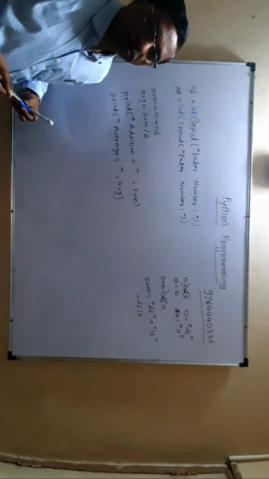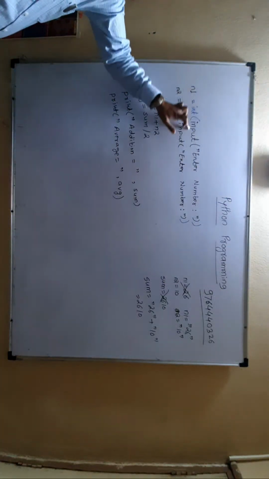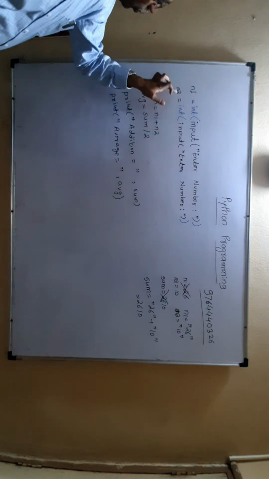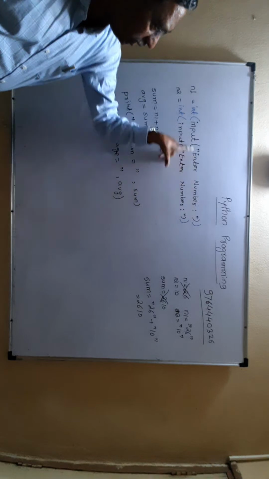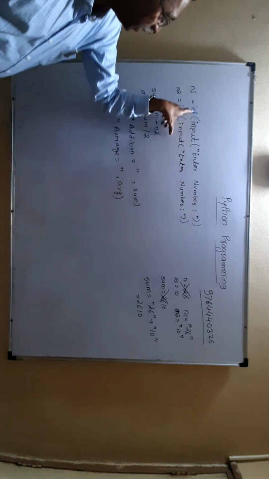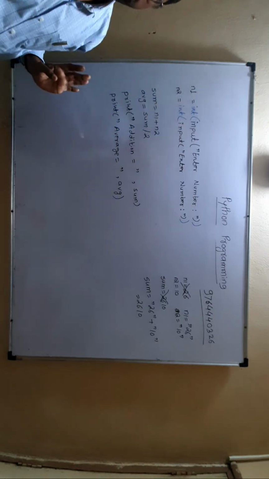Now this will work. n1 equal to int(input("enter number")), n2 equal to int(input(...)). Remember this closing bracket is of input and this closing bracket is of the typecasting int. Now this will work perfectly.